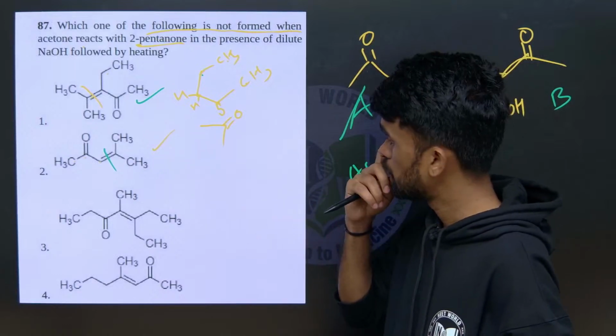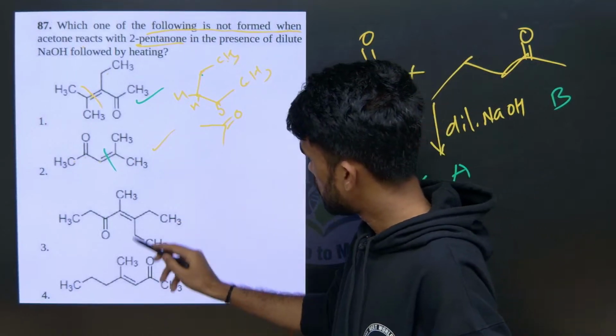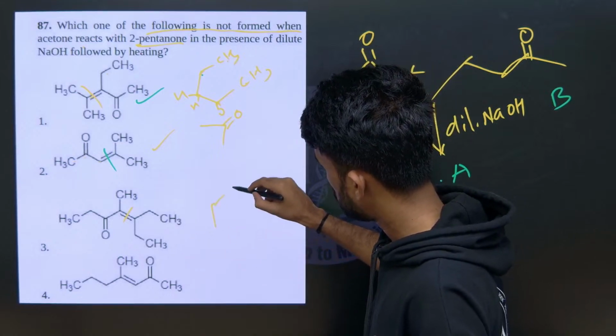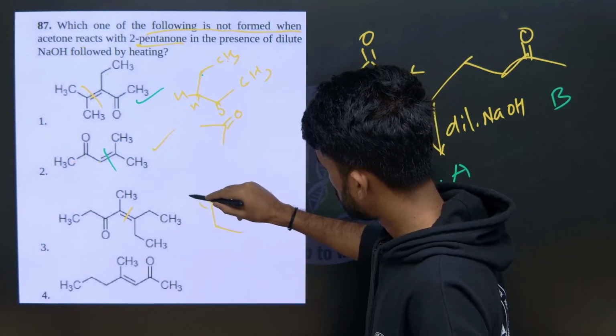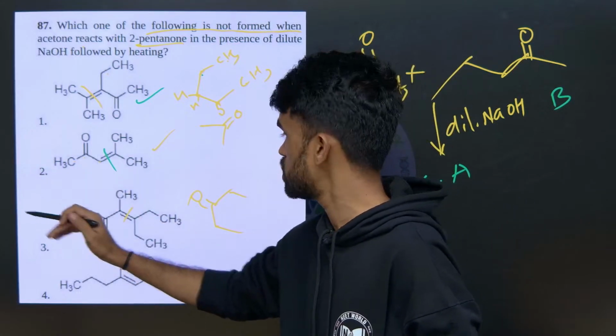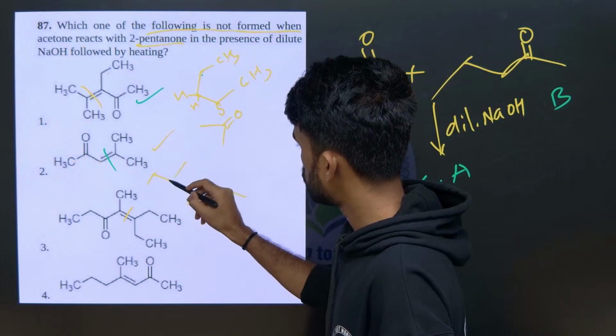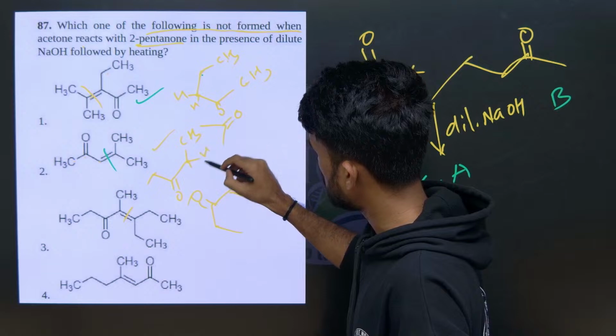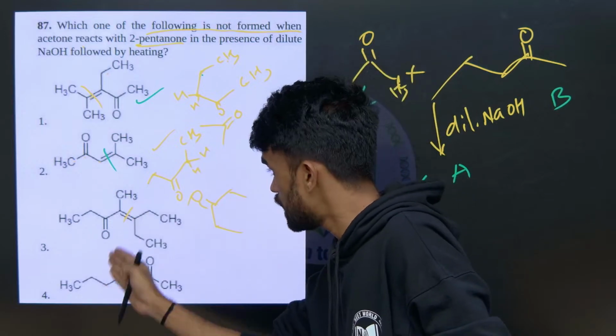This is also correct. Okay, next here if you break this one, what is the expected product? Like this. Okay, what is the remaining species on this side? So CH3, H and H. Just break the double bond.